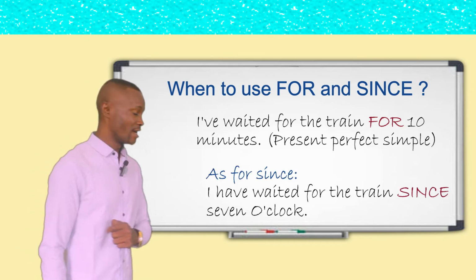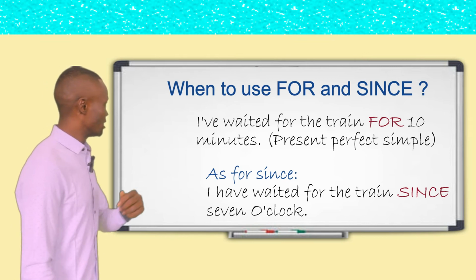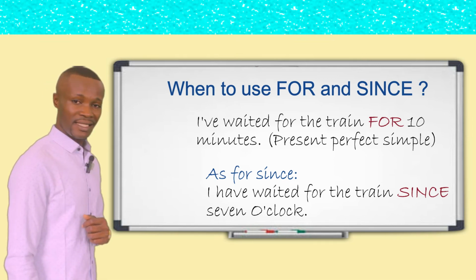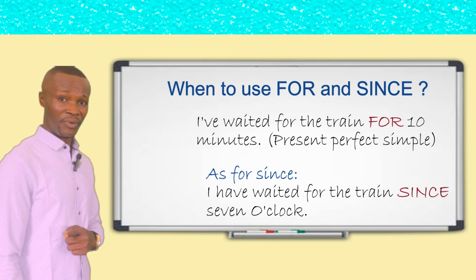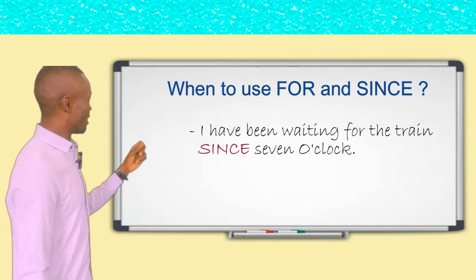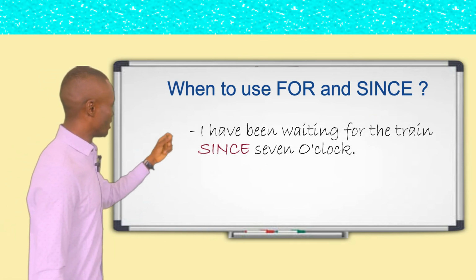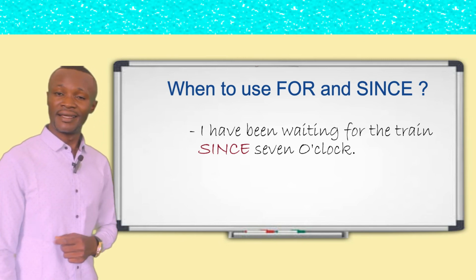As for since, I am going to say, I have waited for the train since 7 o'clock. Present perfect, simple. Now, an example of the present perfect continuous. I have been waiting for the train since 7 o'clock.